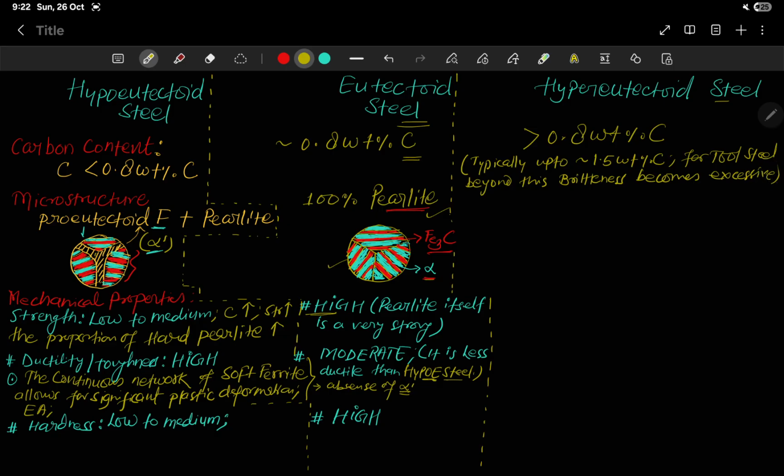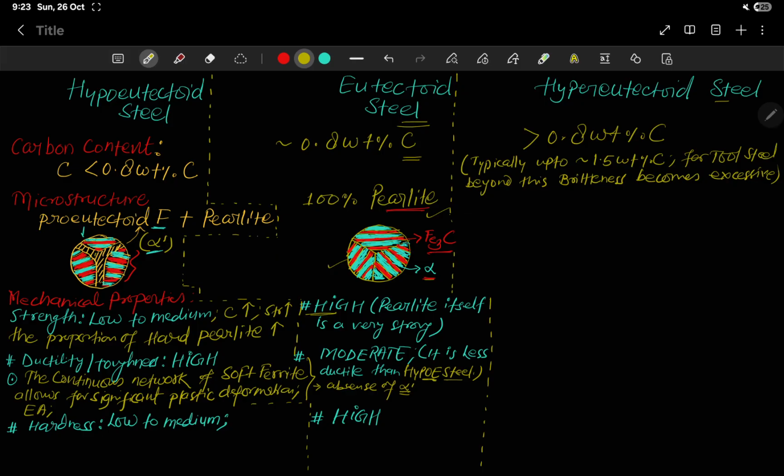So what is going to happen if the carbon concentration is beyond 1.5 weight percent? It will deteriorate the mechanical properties, and the overall structure will become very brittle in nature.